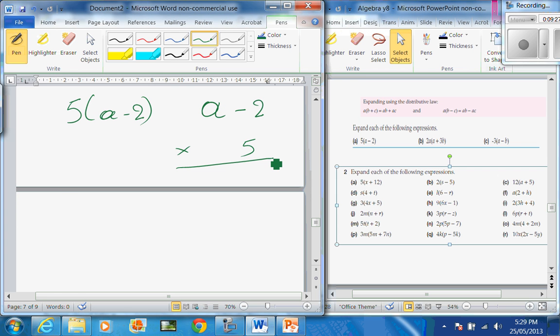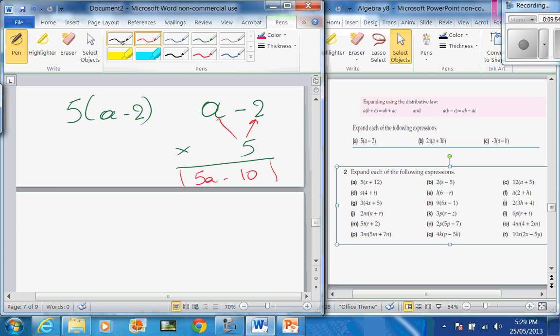If it was a number here, 5 times a equals 5a. Then 5 times minus 2: 2 times 5 equals 10, and the minus is minus. So my answer is 5a minus 10.